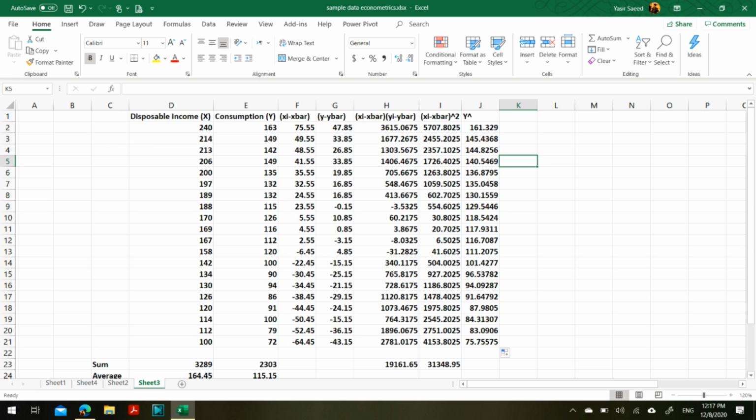And we can graph the y hat value. This is our y hat. I should select all the values of y hat and then go on to insert.